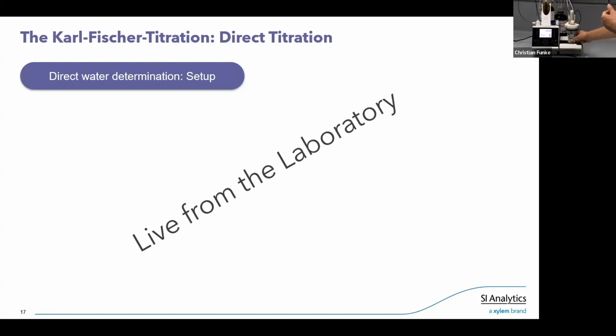We have here the magnetic stirrer, and in this magnetic stirrer, a pump is included, so it's quite easy to remove or add fresh solvent. On the titrator itself, you can find a lot of default methods for one component and two component systems, and also for the titer determination. For different kinds of standards, you find ready to use methods.